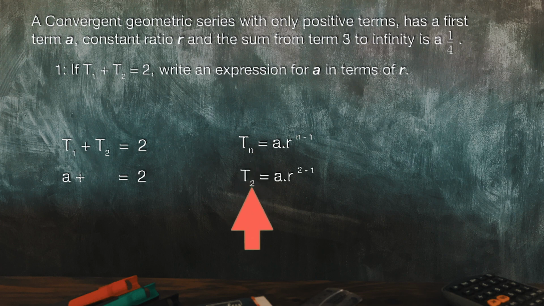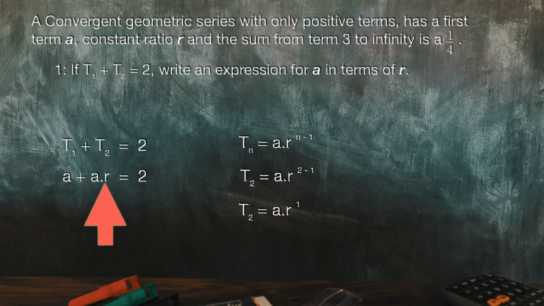So term 2 is equal to a times r to the power of 2 minus 1. And then we can see that term 2 can be written as a times r to the power of 1. Now we do substitution and put it into the place of term 2. And there it is. So now we have a plus a times r is equal to 2.